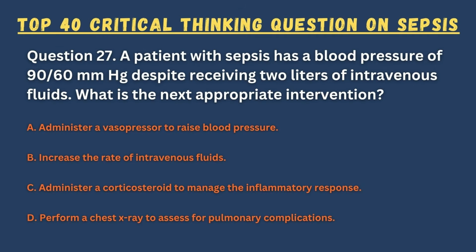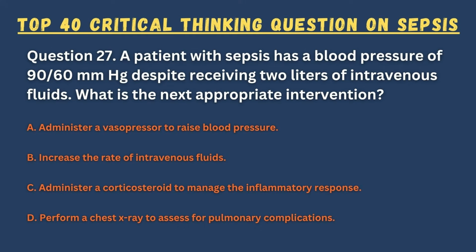Question 27. A patient with sepsis has a blood pressure of 90/60 millimeters of mercury despite receiving 2 liters of intravenous fluids. What is the next appropriate intervention? A. Administer a vasopressor to raise blood pressure. B. Increase the rate of intravenous fluids. C. Administer a corticosteroid to manage the inflammatory response.